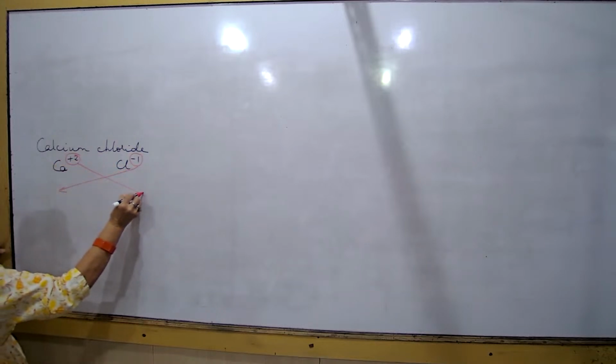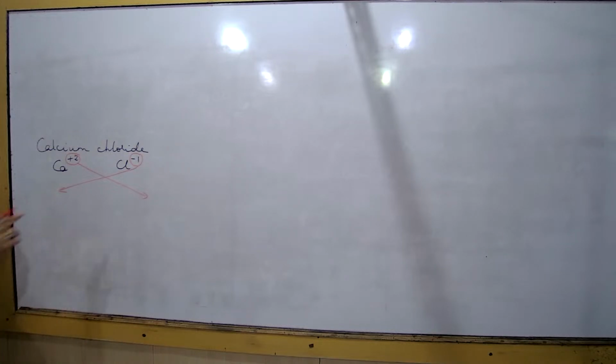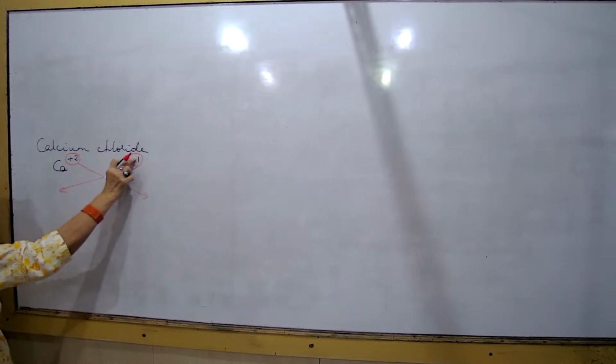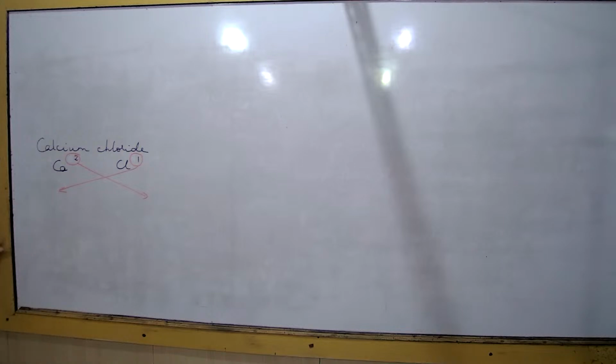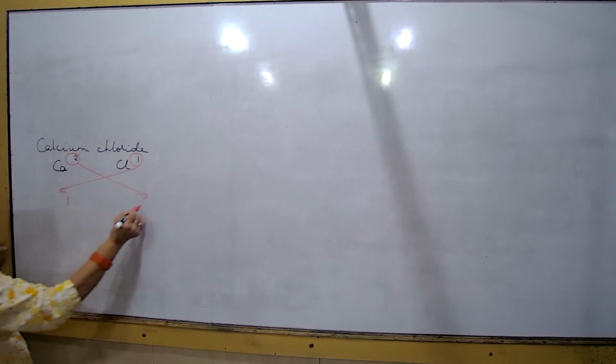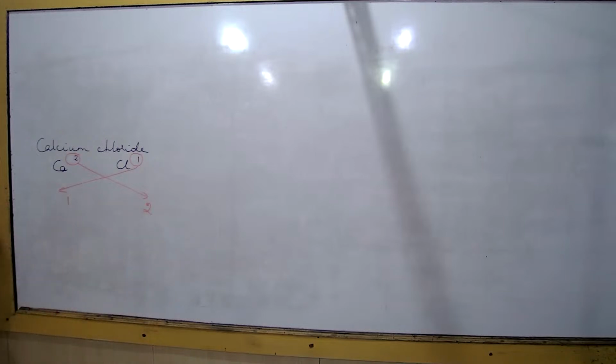This you take here without the sign. Only the balancing, not the sign. So therefore, it is 1 and this is 2. Followed? Now write down the formula.